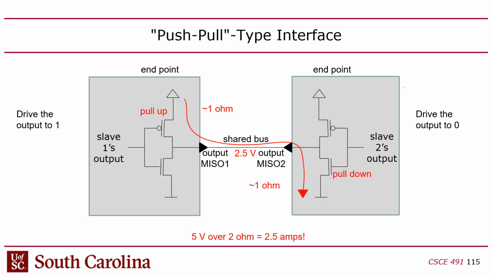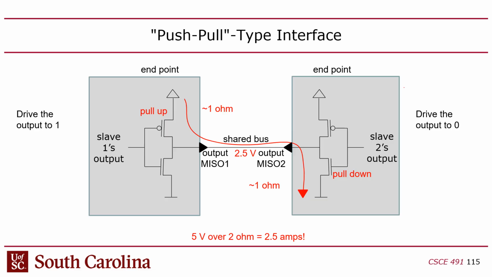So let's say that there's a 1 ohm equivalent resistance whenever one of the transistors is on. You'll end up with a series resistance of 2 ohms between the power supply on one chip and the ground on another.